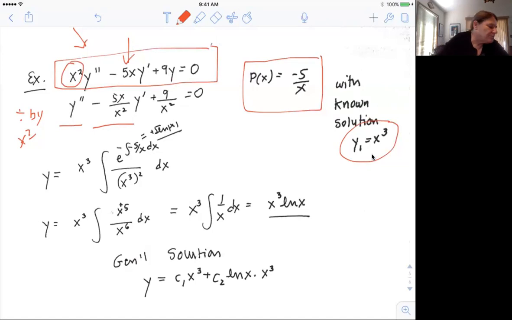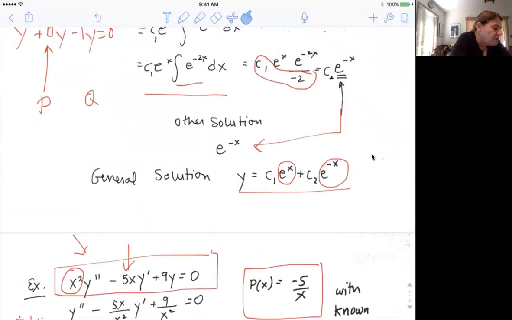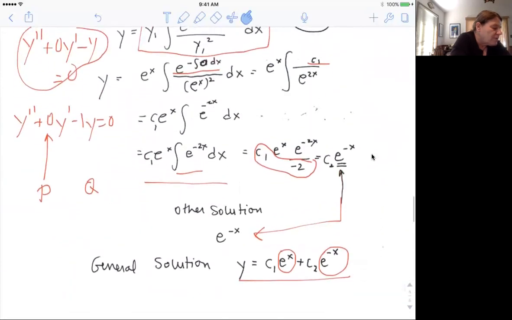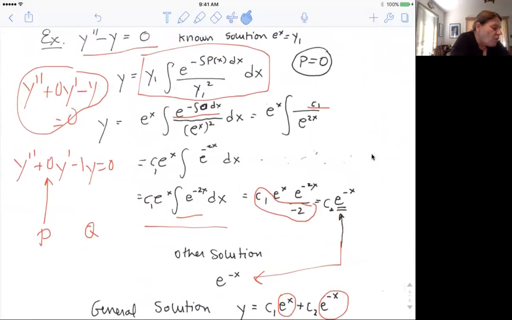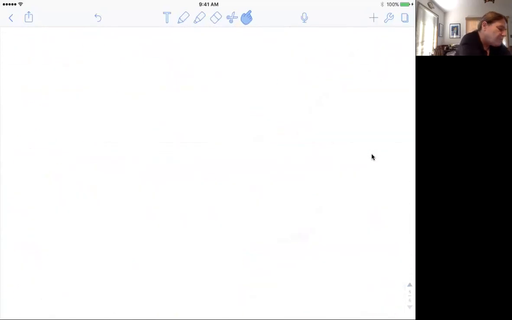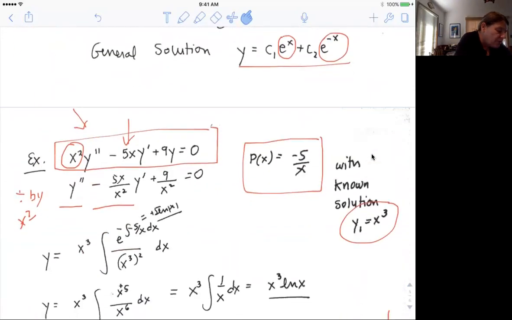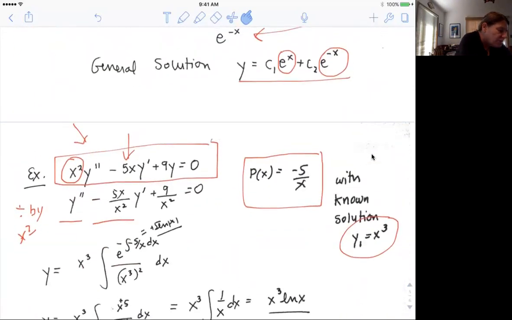So here's what I'm going to do. I'm going to plug everything into that formula. Let me scroll back and look at the formula again. Shoot, I'm sorry, I lost everything I had. I'm going to write it down right in here, so I'm going to show you where I'm plugging things in.